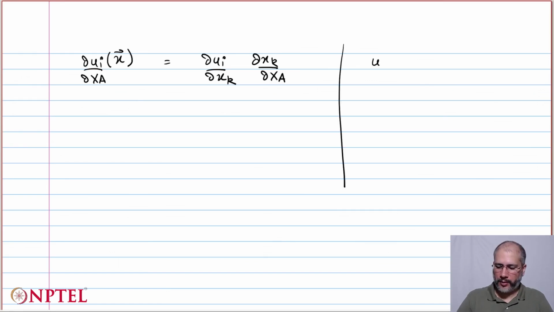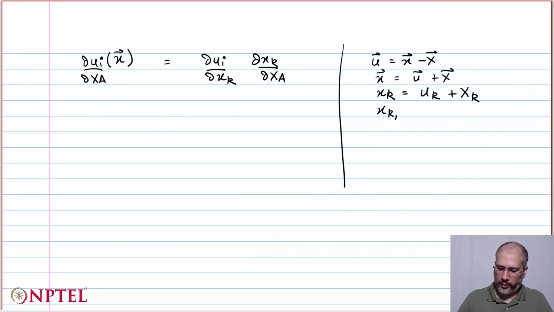Now let's recall again that displacement was given as small x minus capital X. So small x can be written as displacement plus capital X. If I write this in the index notation, this becomes small x_k is u_k plus capital X_k. And now if I differentiate small x_k with capital X_A to get x_k,A, that becomes u_k,A plus capital X_k,A.